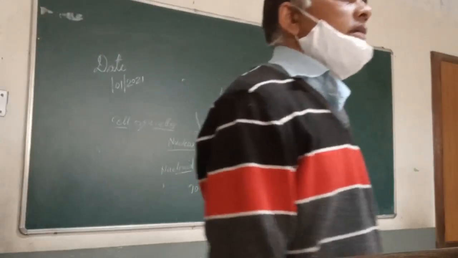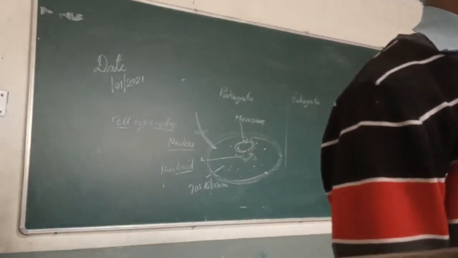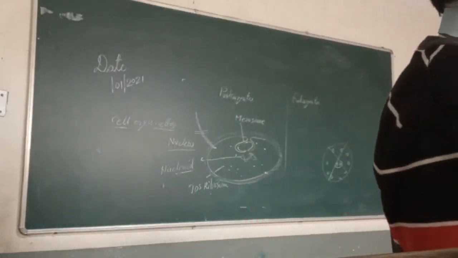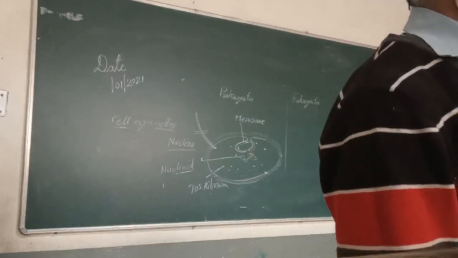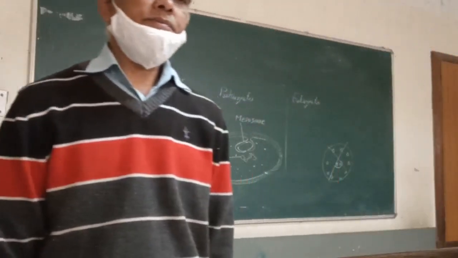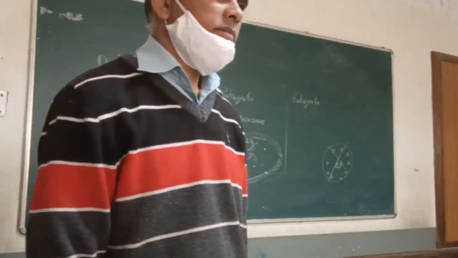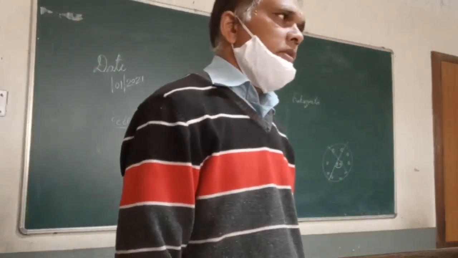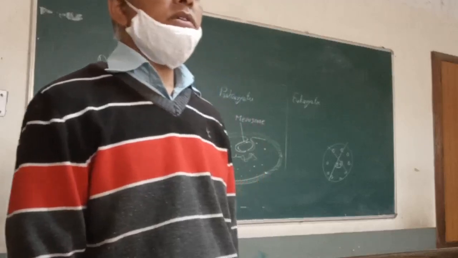Next, prokaryotes are small in size. Eukaryotes are large in size.